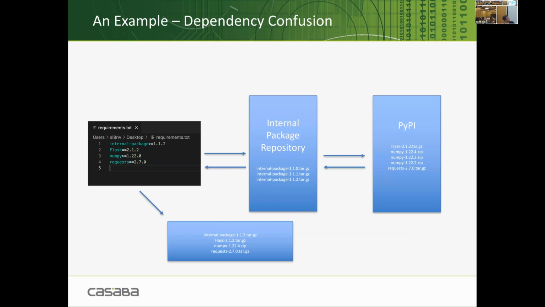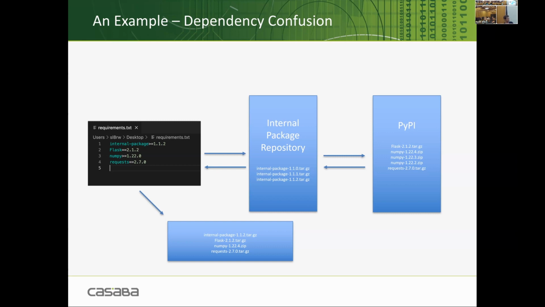Dependency confusion's really what the name sounds like. So effectively what happens is you have an internal package and you have some other packages. Commonly in industry, you'll use an internal package management system like Artifactory or something of that sort.